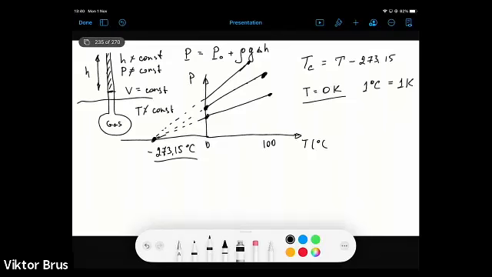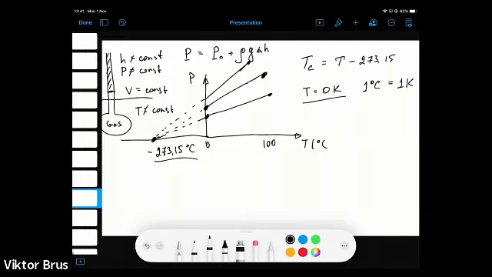Most common after degrees of Celsius is degrees of Fahrenheit, which is widely spread in Northern America. So with this, we already clarified what is temperature and how we can approach measuring temperature.